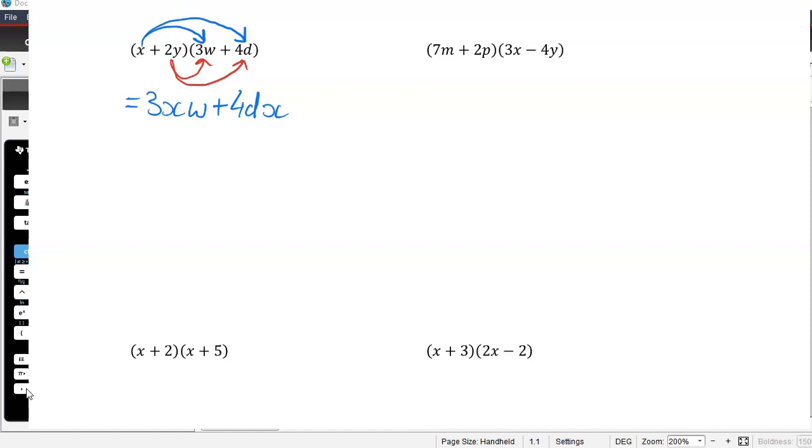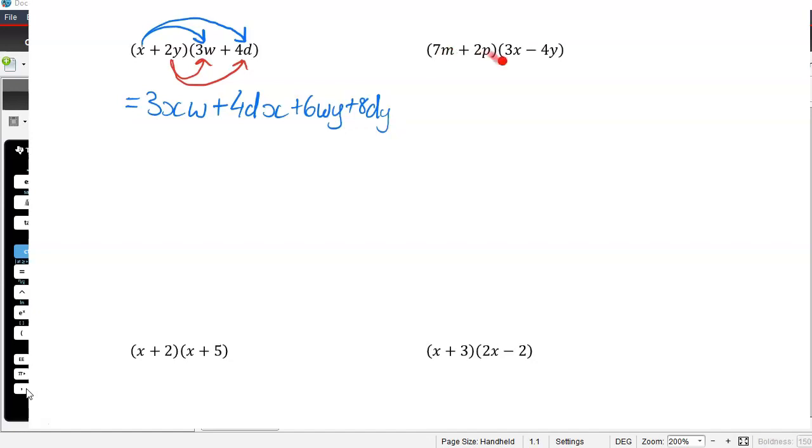So 2y times by 3w is plus 6wy, and then 2y times 4d is 8dy. And there's no like terms there, so we can't do any simplification there.